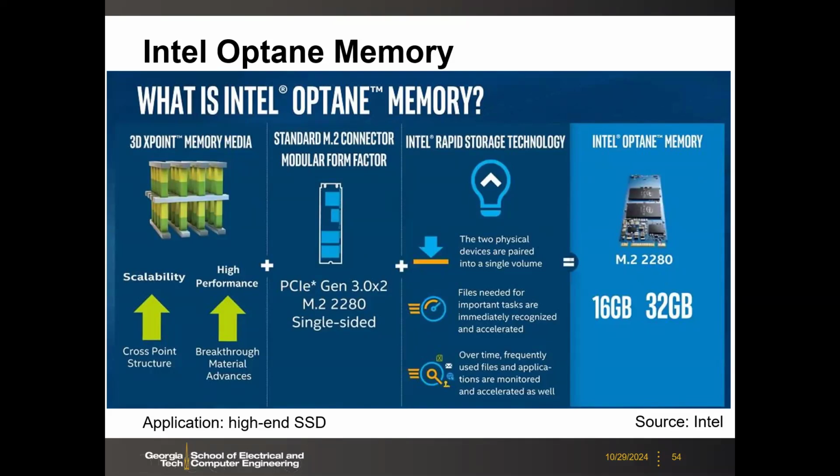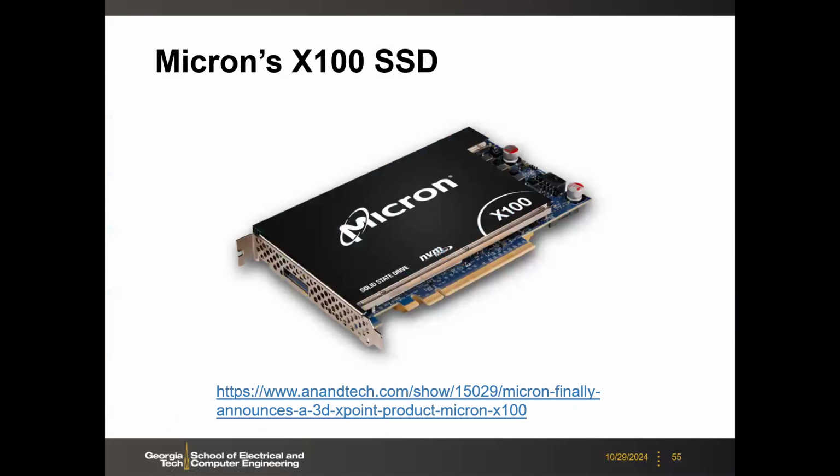Instead of an SSD module, you plug in this module, which provides faster speed. And also Micron announced a similar product they call X100 SSD. Intel and Micron jointly developed the technology, but when they packaged it into different products, they sell differently.